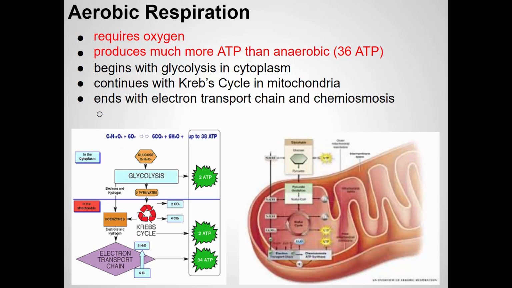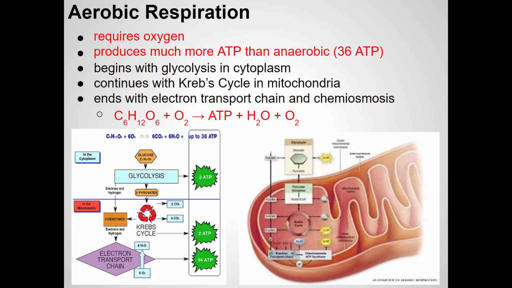So from glycolysis, those pyruvate molecules go into a cycle called the Krebs cycle. From there, electrons from the Krebs cycle are sort of harvested and sent to the electron transport chain, which generates the rest of the ATP.